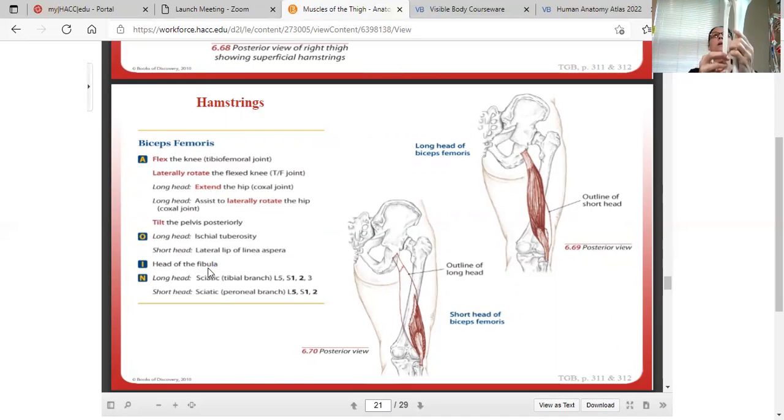Now, I know it's hard to visualize because you're facing these, but imagine these in your body. So the bottom of the tibia would be your medial ankle bone, and the bottom of the fibula here would be your lateral ankle bone. So the fibula is the more lateral of the two bones. So we insert on the fibula, specifically the head of the fibula, which is this bit right here, head of the fibula.